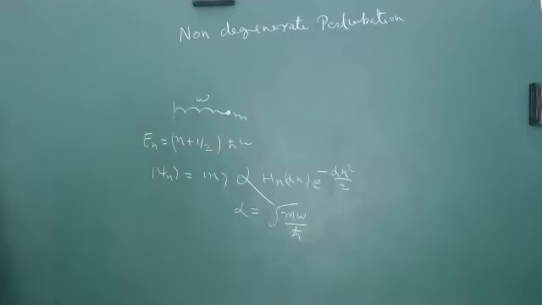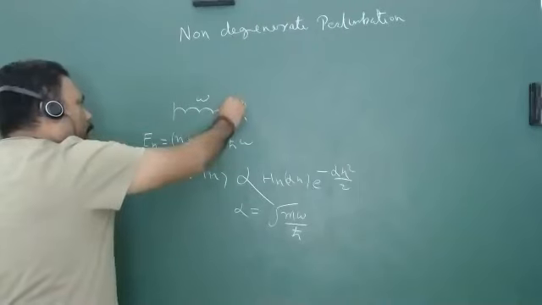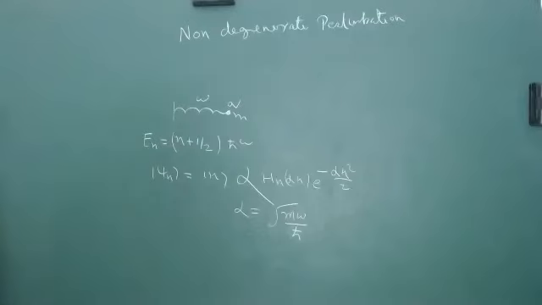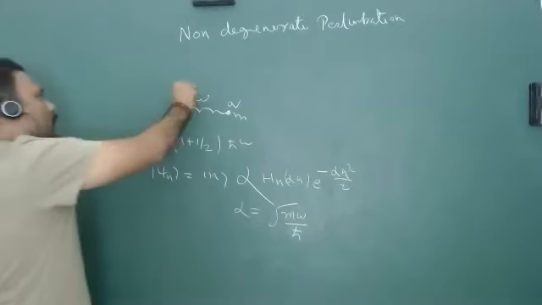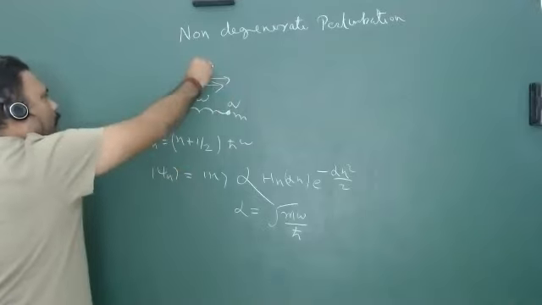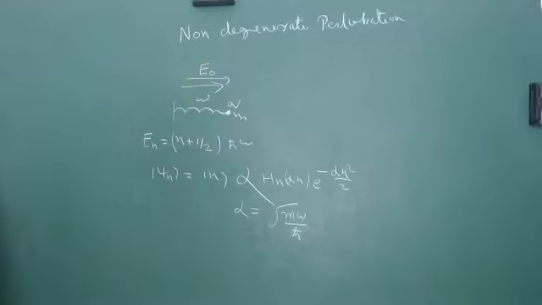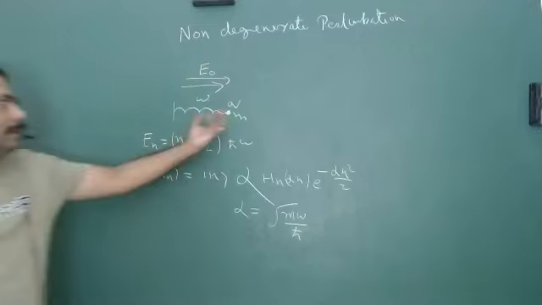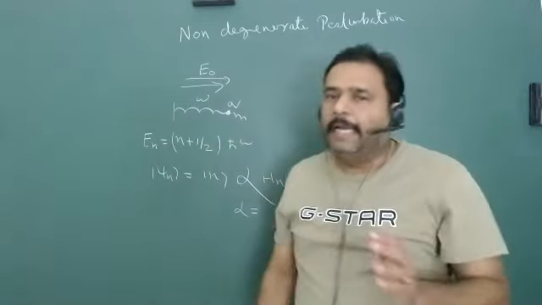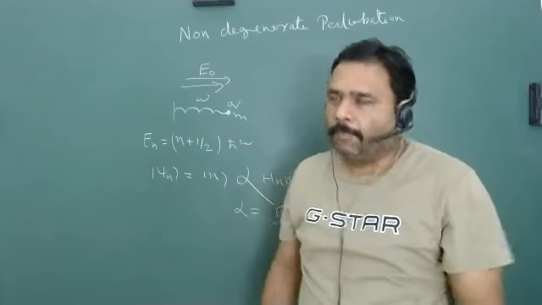Suppose I put a charge q on this mass, and I put the whole system in an electric field, let's say E naught. Then this charge will feel some extra force, and I am just disturbing this particular system.